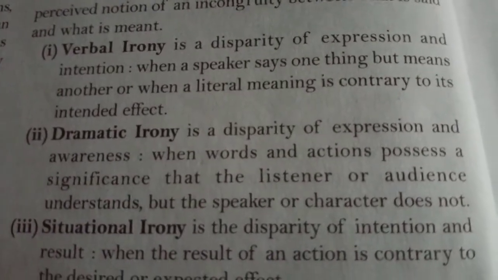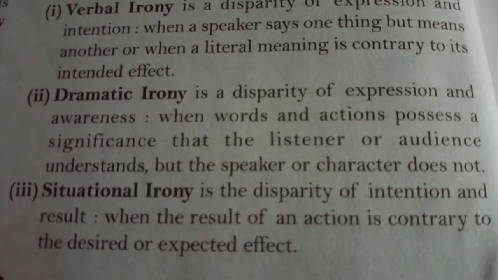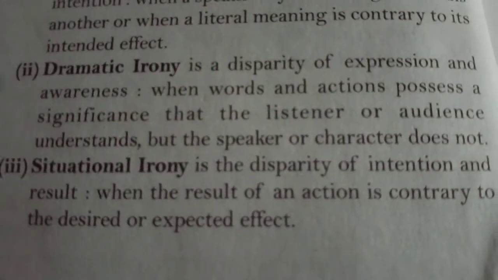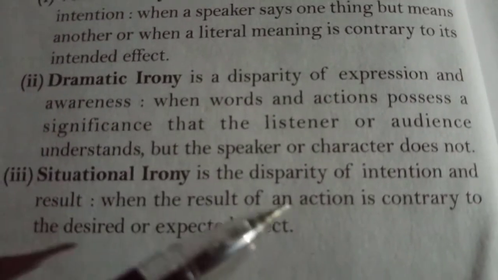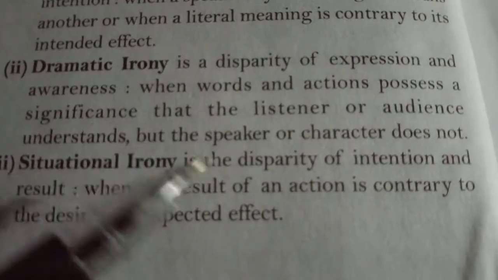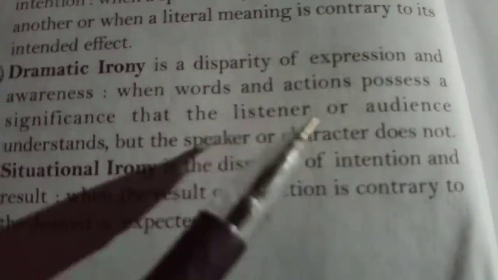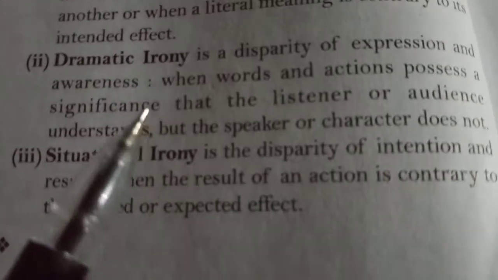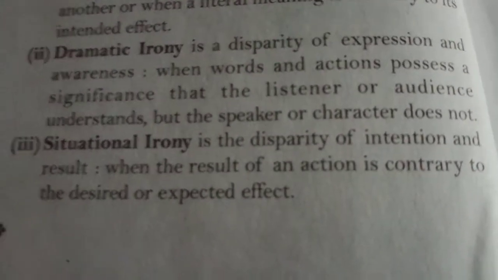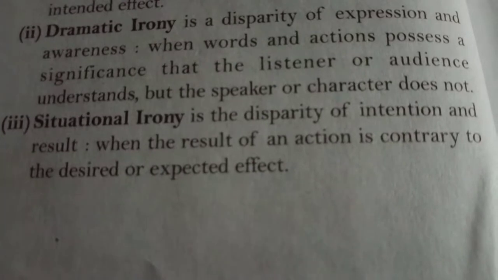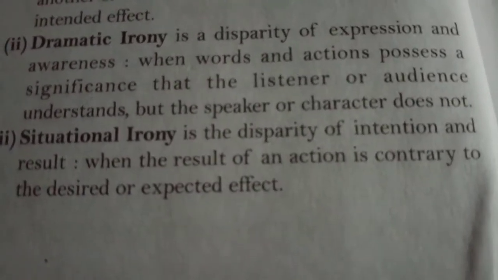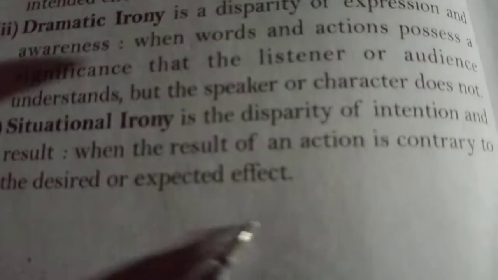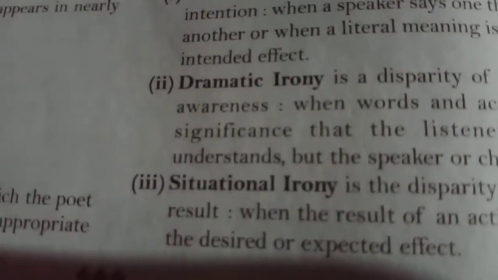Dramatic irony is a disparity of expression and awareness, when words and actions possess a significance that the listener or audience understands, but the speaker or character does not. And situational irony is the disparity of intention and result, when the result of an action is contrary to the desired or expected effects. So it was about your literary terms, students.